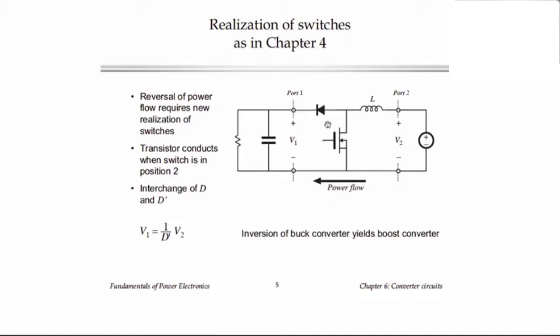And this actually changes the definition of the duty cycle. We can define the duty cycle as the fraction of time the switch is in position 1, or we could define it as the fraction of time the switch is in position 2.